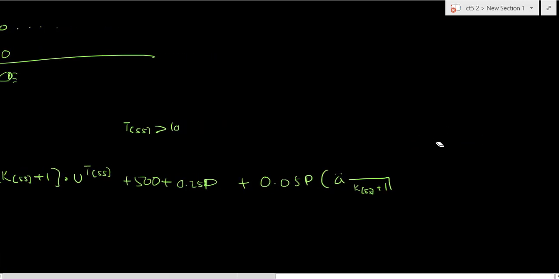And from it you need to deduct 1, because this is only payable from the second year onwards, right? This is not payable in the first year.